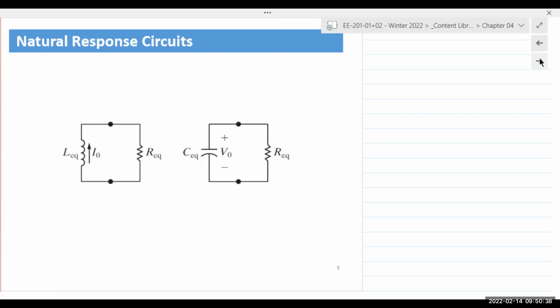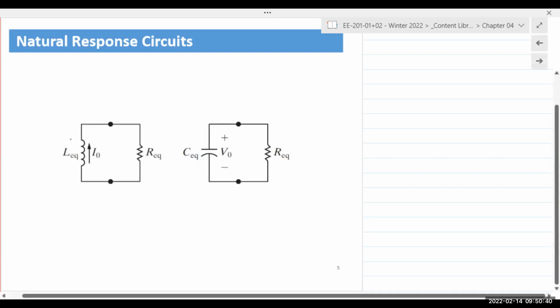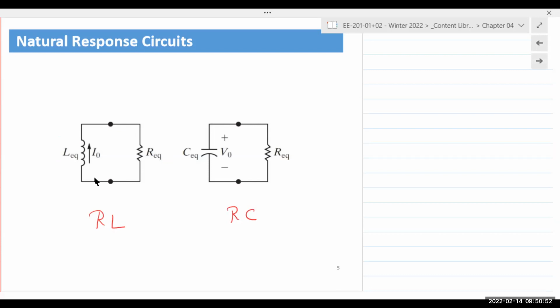So natural response circuit is basically an inductor and a resistor, RL. And on the right, you have RC. Note that the notations refer to EQ, so subscript EQ, and it has significance.